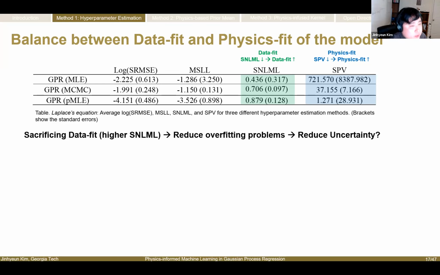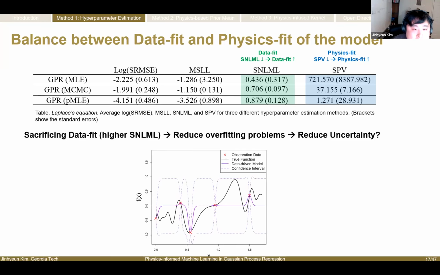However, sacrificing the data fit does not necessarily mean a bad model, right? Because in sparse data scenarios, it can actually reduce the overfitting problems. And we saw the general trend in this research that this penalization can also reduce the uncertainty of prediction.